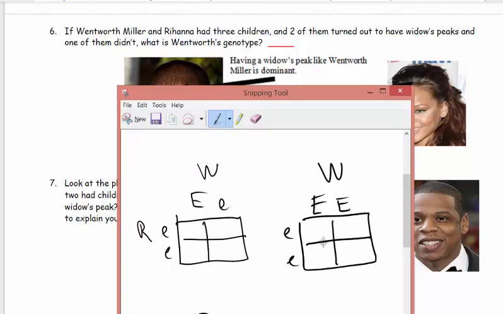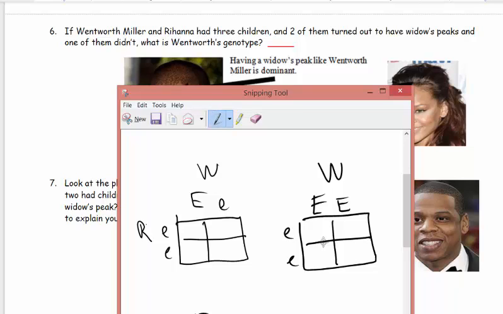Now, there are 2 possibilities here. One possibility is that he's a heterozygous individual, and the other possibility is that he is a homozygous individual, showing that he has 2 large or 2 big letters to represent the dominant trait that he has. Now, we know that Rihanna is small, small, because she does not have the dominant physical trait, which means she has to have both recessive alleles.